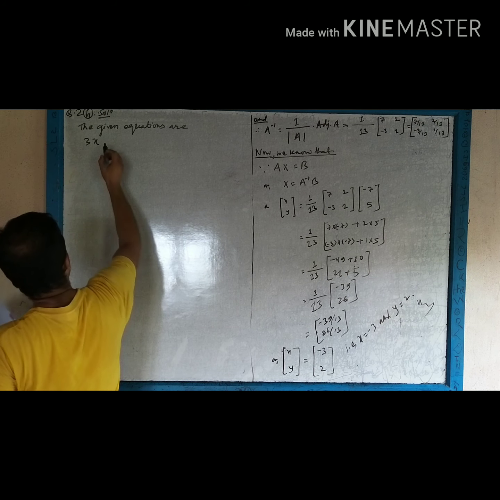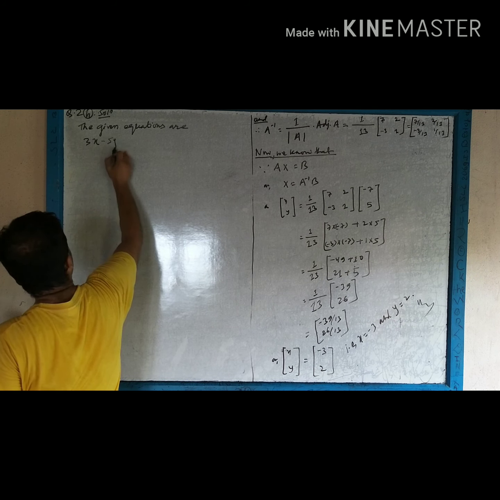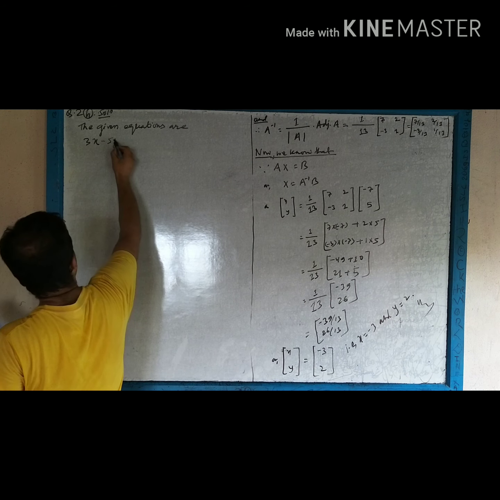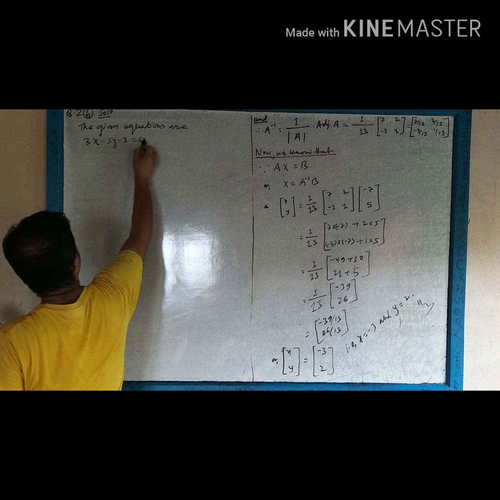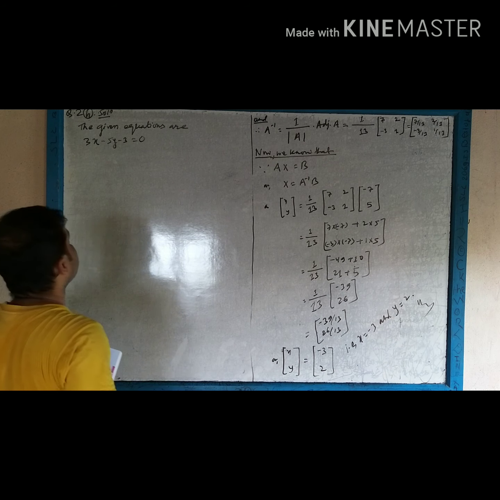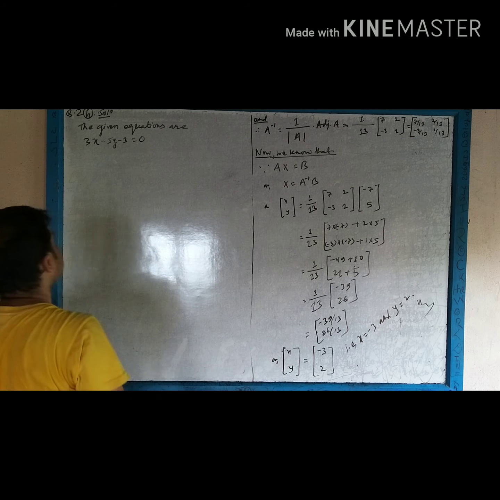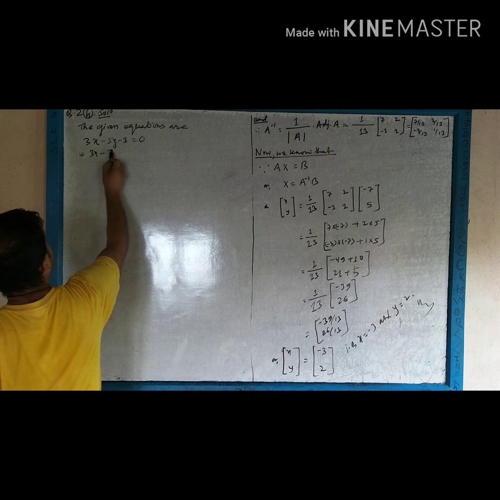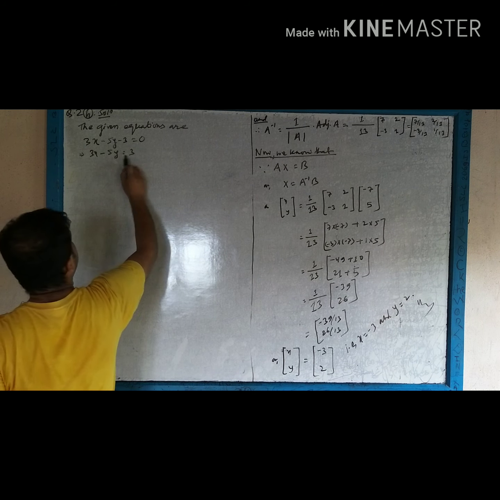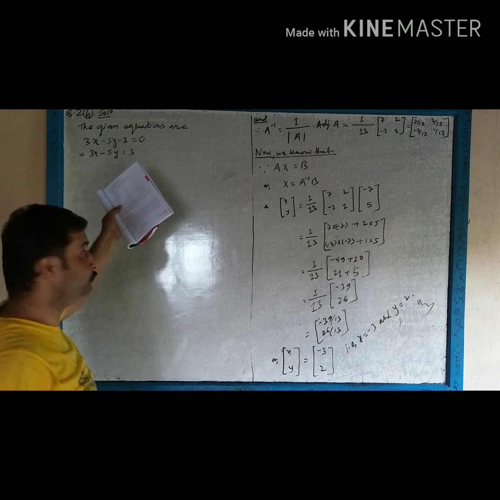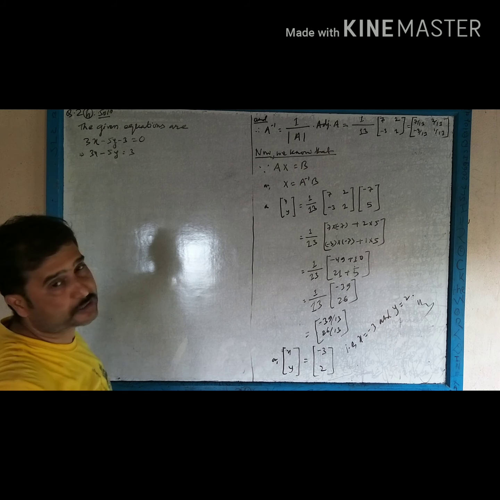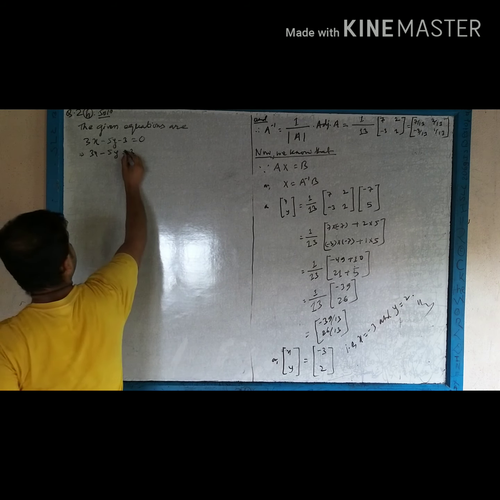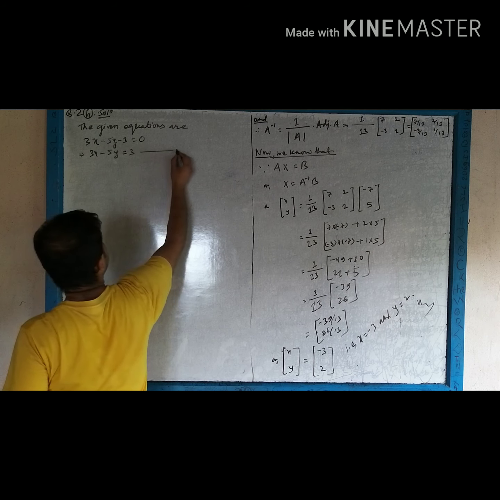3x minus 5y minus 3 is equal to 0. This implies 3x minus 5y equals 3. In the question it is given this way, but to make it clearer I have rewritten it like this. So you write this way; this is equation 1.